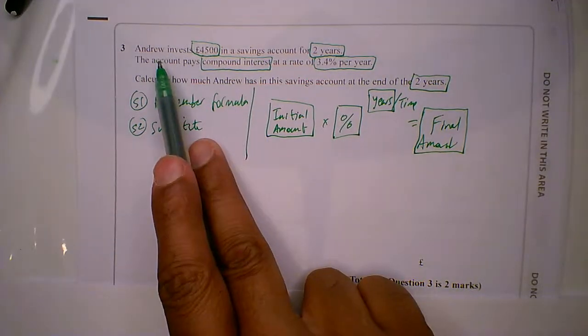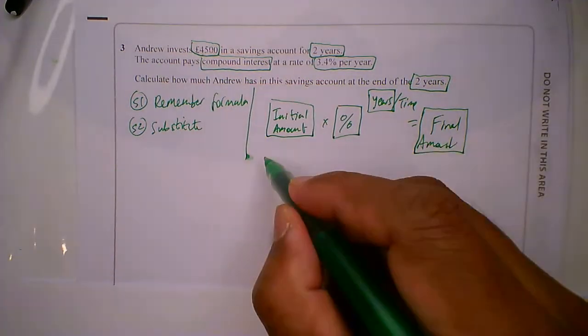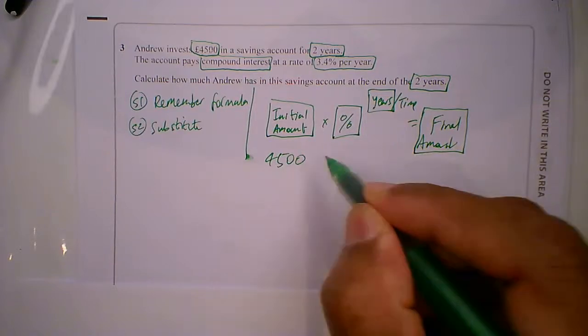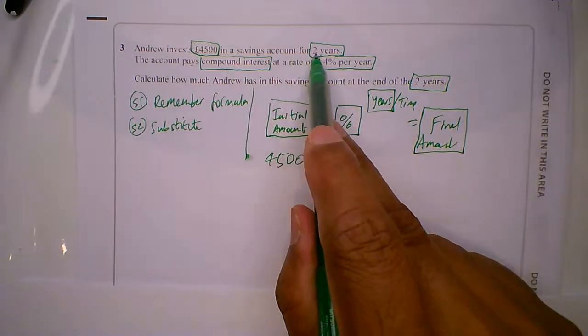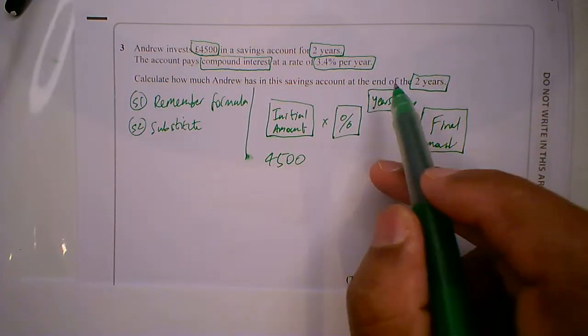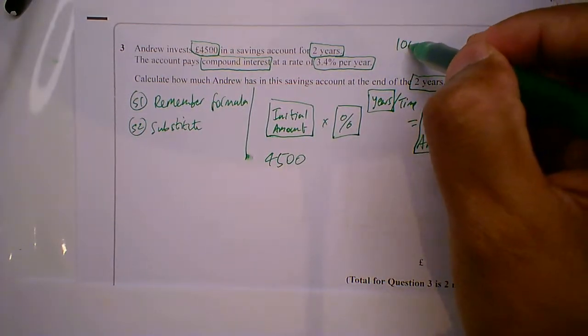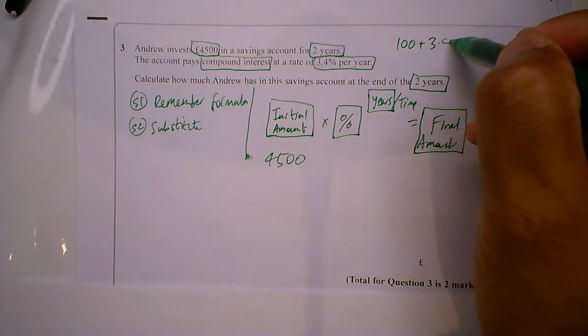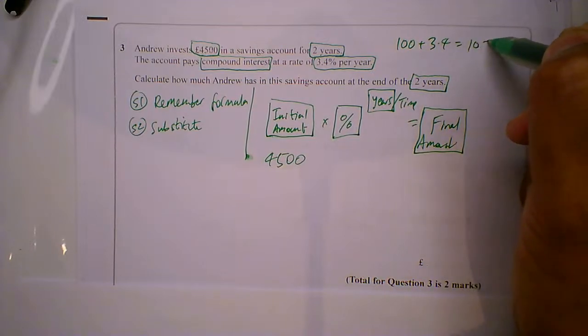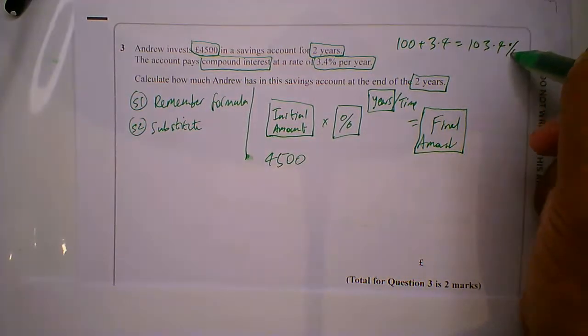So we've got Andrew invests 4,500 in a savings account for 2 years. So our time will be 2. A rate of 3.4%. So 100% plus 3.4 gives us 103.4%.